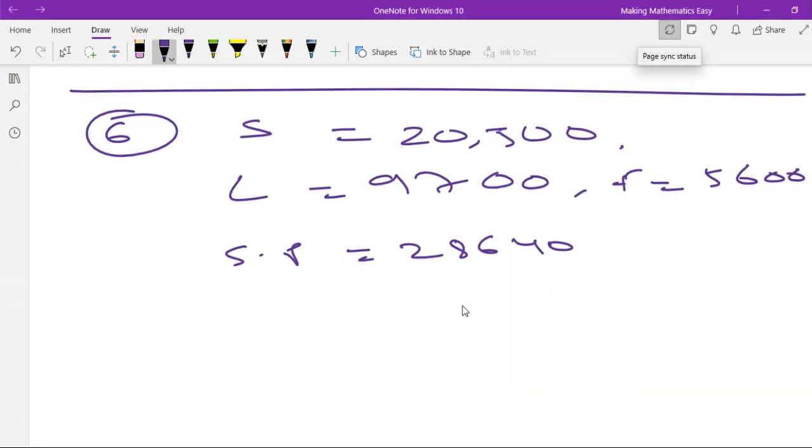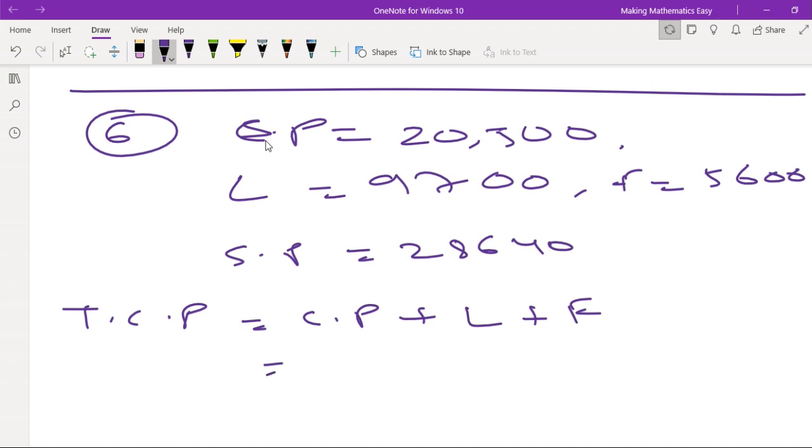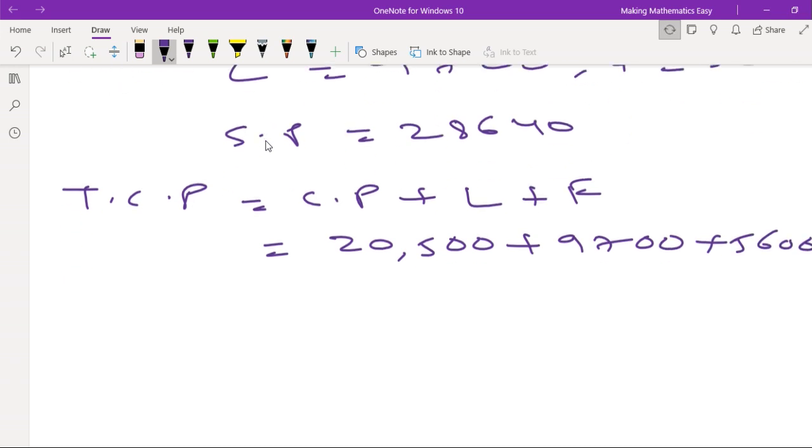Okay, so first of all, this is seeds, so basically cost price. First of all we need to find out total cost price, which is cost price plus labor plus fertilizer cost, which is equal to 20,500 plus 9,700 plus 5,600.